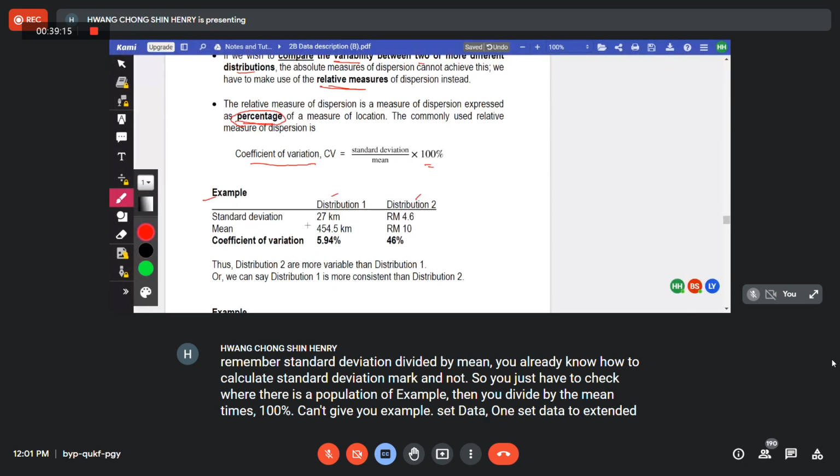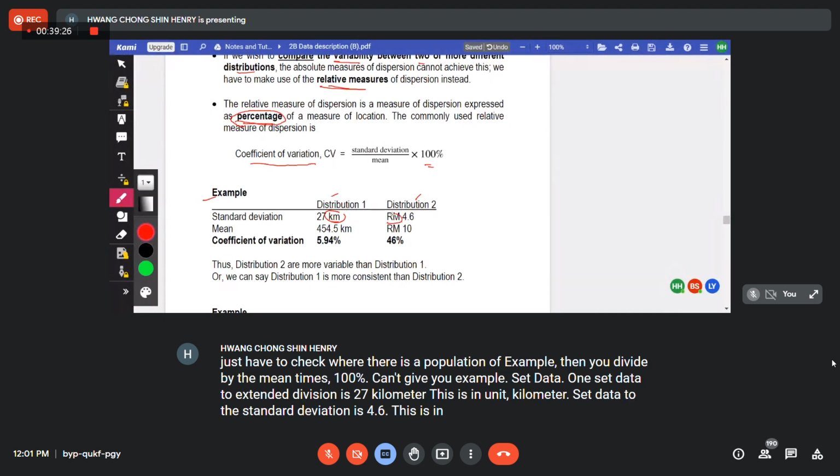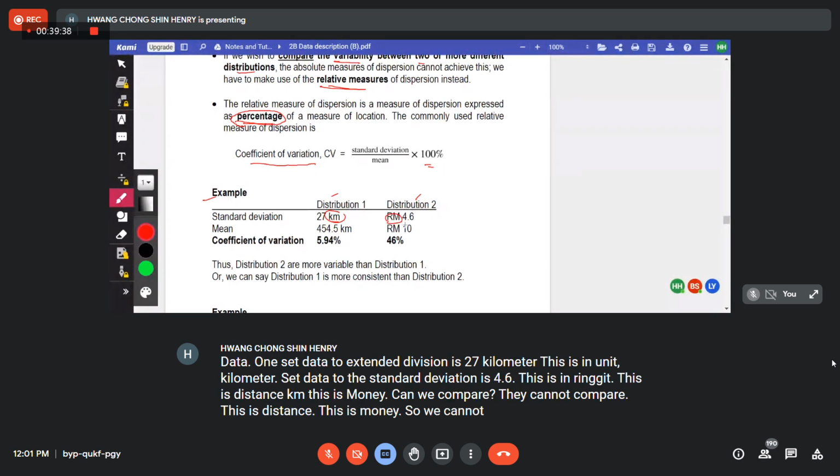The standard deviation of set data 1 is 27 kilometers. This is in kilometers. Set data 2, the standard deviation is 4.6. This is in ringgit. This is distance, km. This is money. Can we compare? We cannot compare.